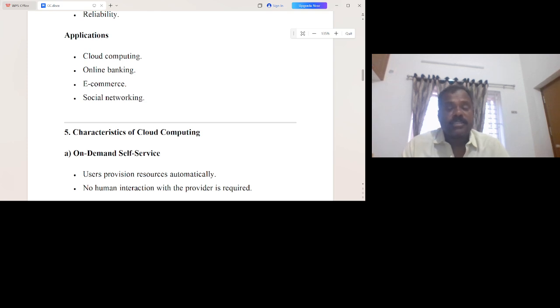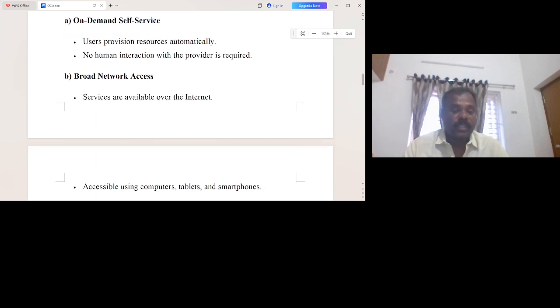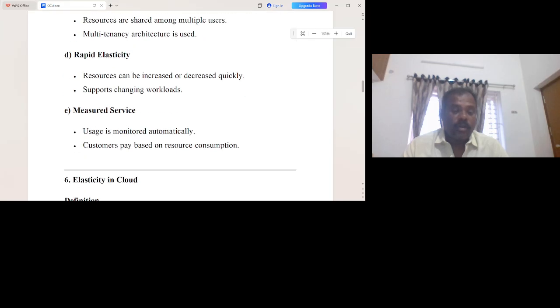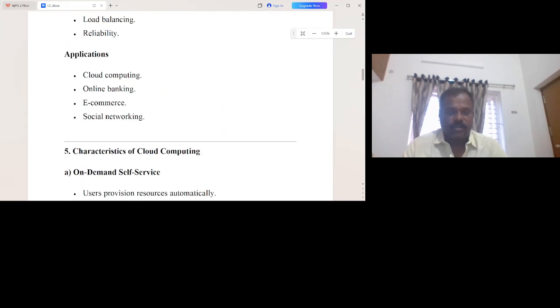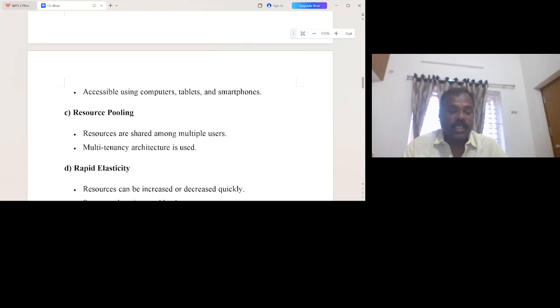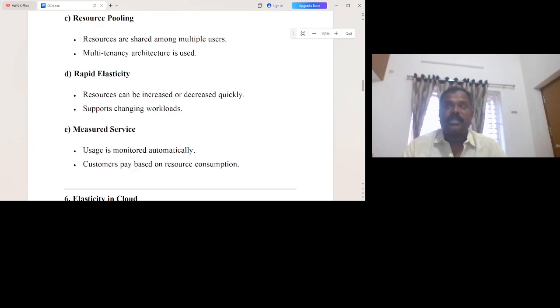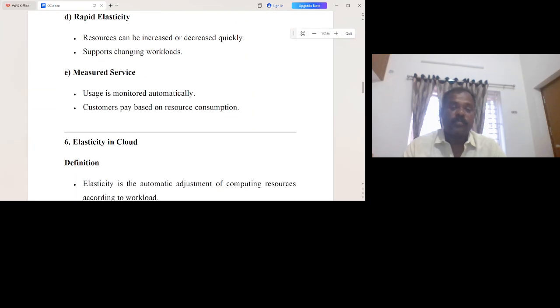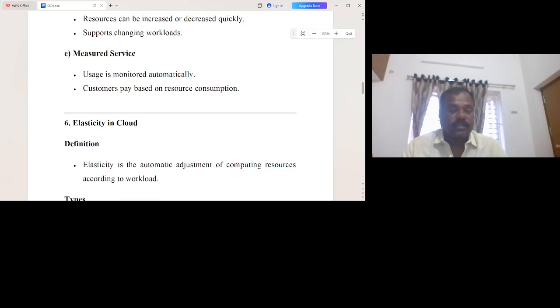The characteristics of cloud computing are basically in six ways. First, on-demand self-service: users provision resources automatically based on demand. Then broad network access, then resource pooling, then rapid elasticity, then measured service. These are some basic characteristics of cloud computing.